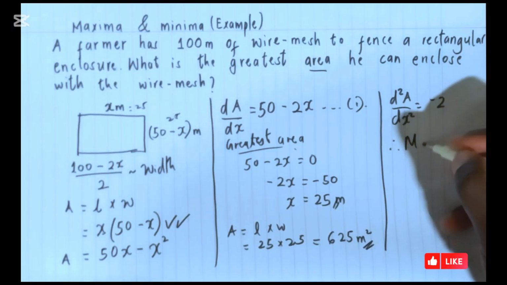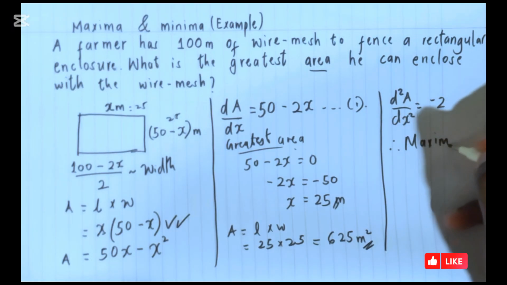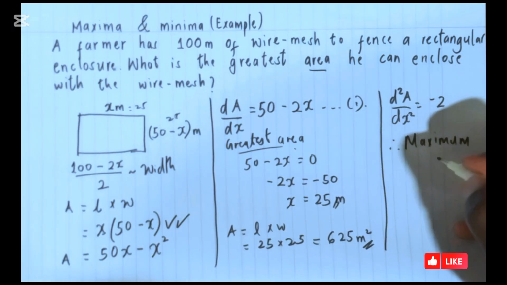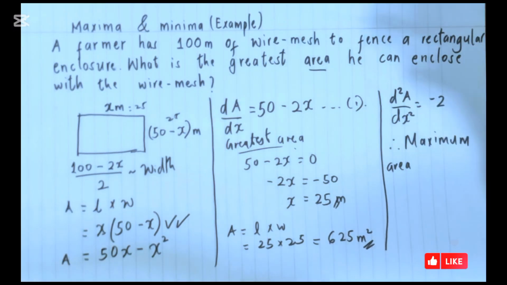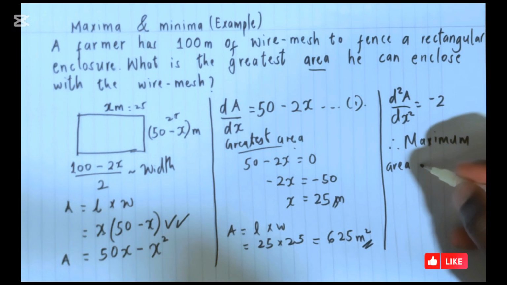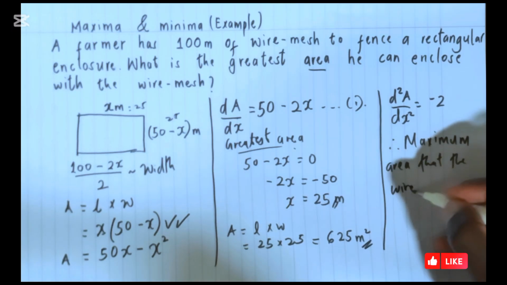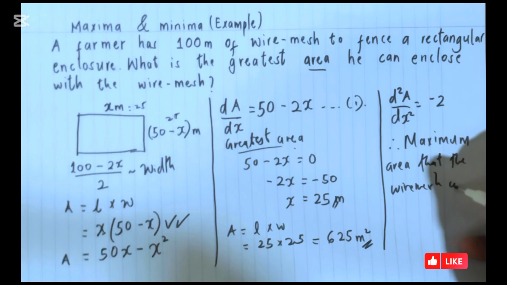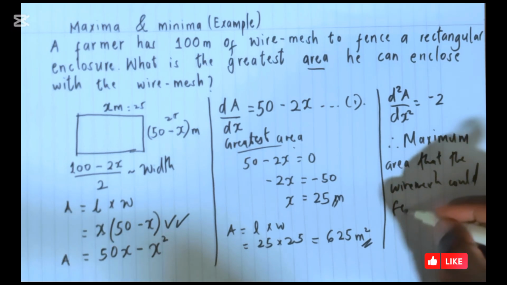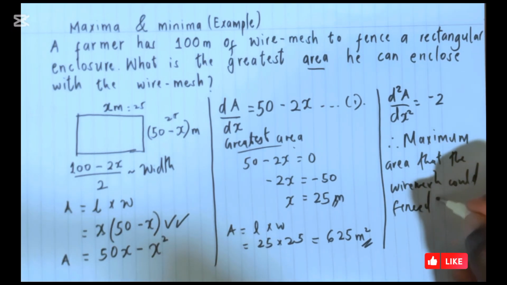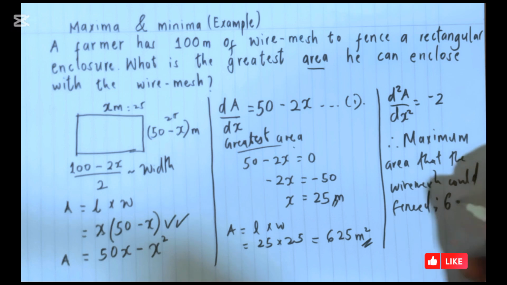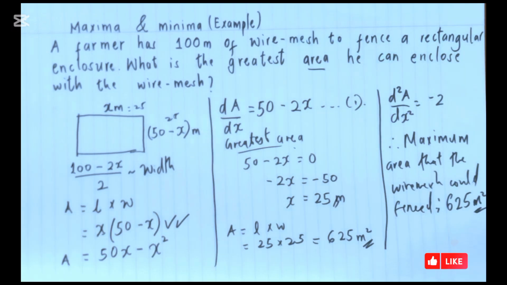That is the greatest, maximum area that the wire mesh could have fenced, and we know that that is 625 square meters.